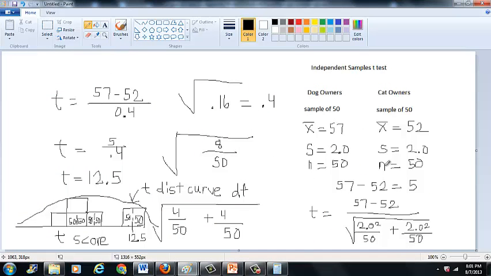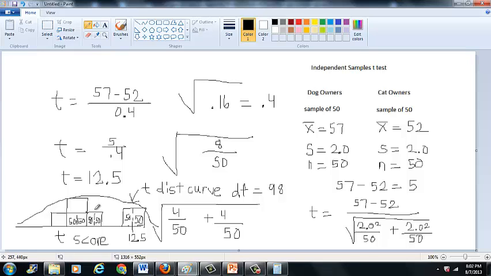So we have 100 people minus 2, which is 98. So this exact shape right here, outlining the t-scores of all of the possible combinations that are available to be selected, is a t-distribution curve with degrees of freedom of 98.